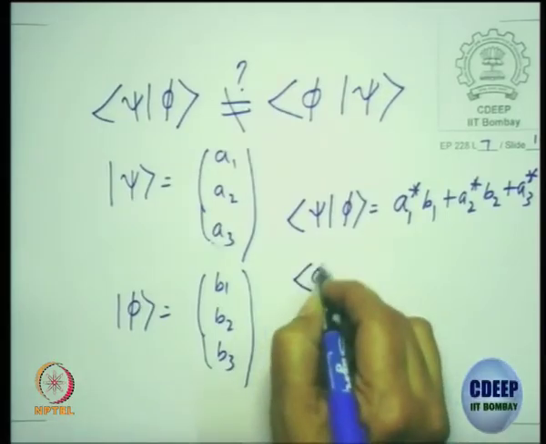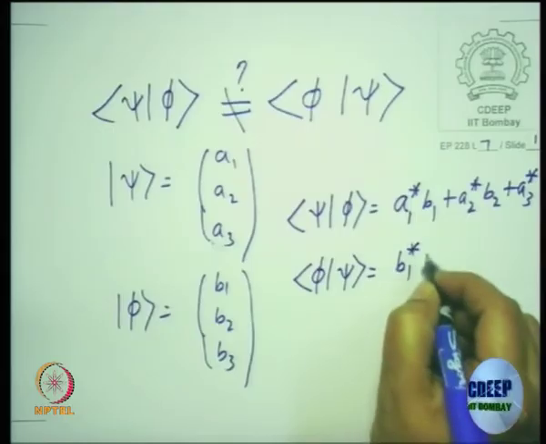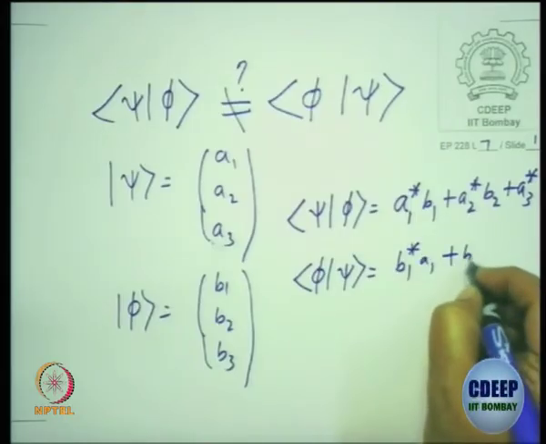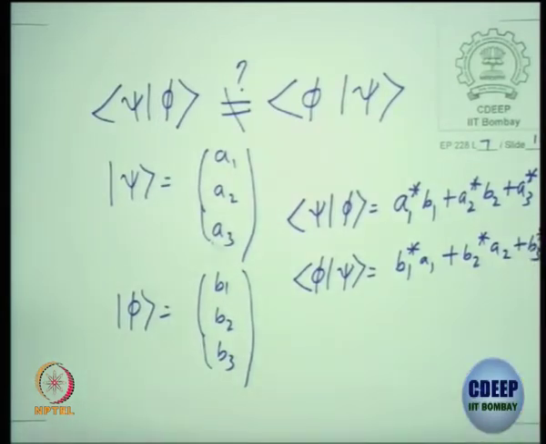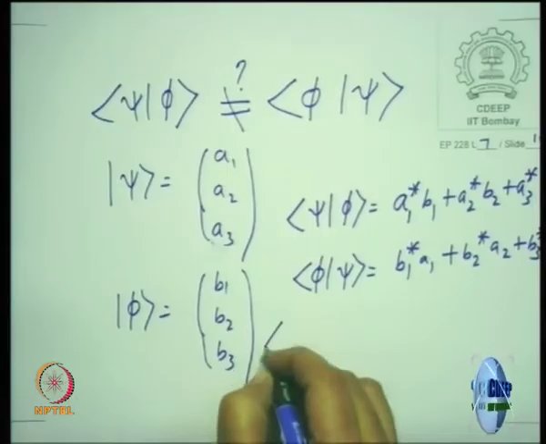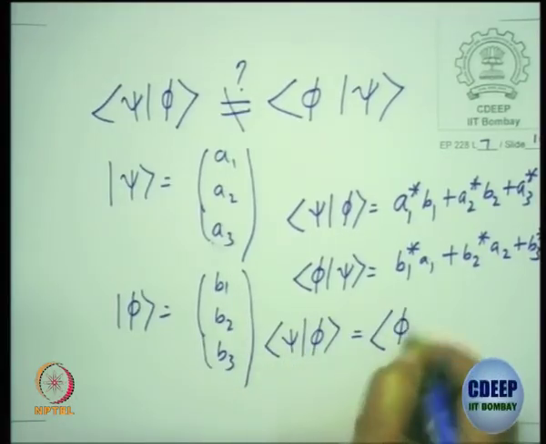What is phi with psi? B1 star A1 plus B2 star A2. So what do we see from this? Psi phi is phi psi star.